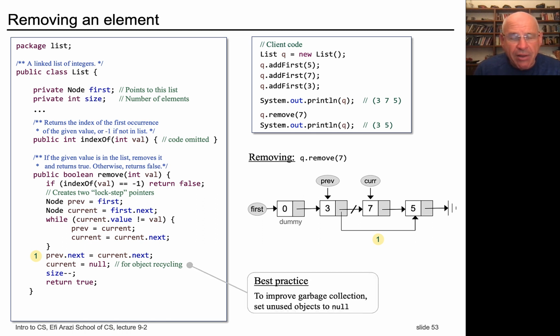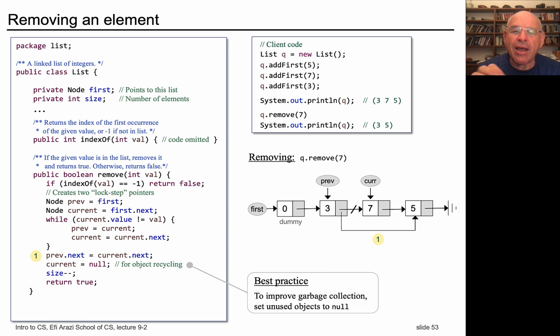Now, let me return to this strange thing that I did here. Notice that once I bypass 7, it looks like 7 is out of play. But actually, current is still pointing at it. This means that the garbage collector is going to miss this node.